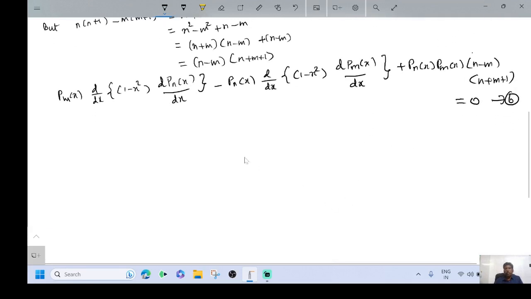Now we have to integrate equation 6 with respect to dx.